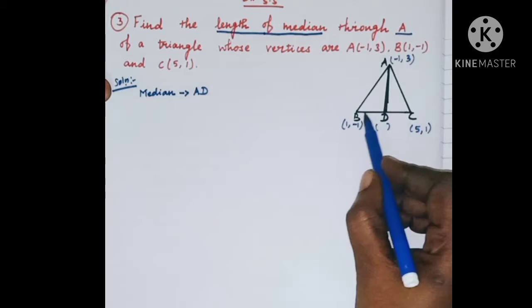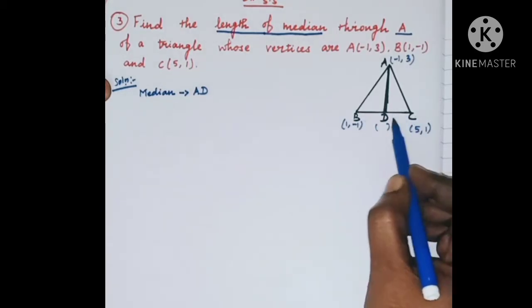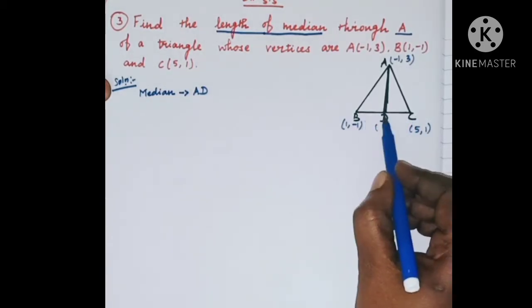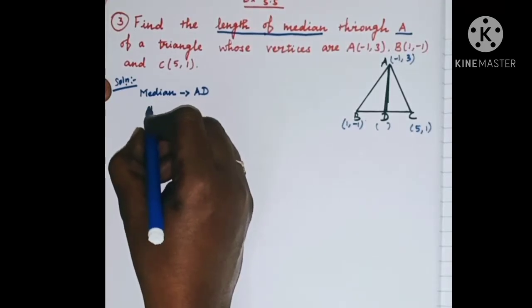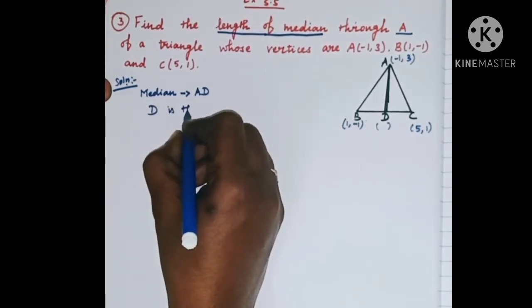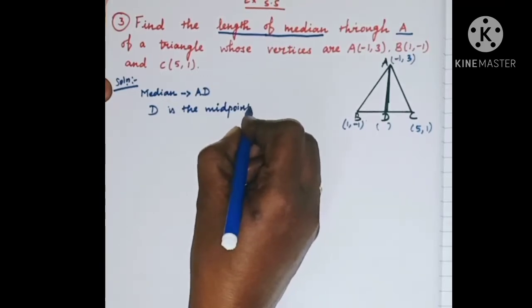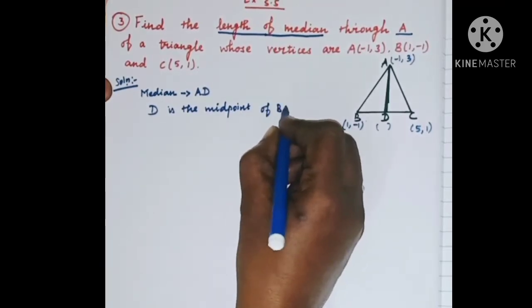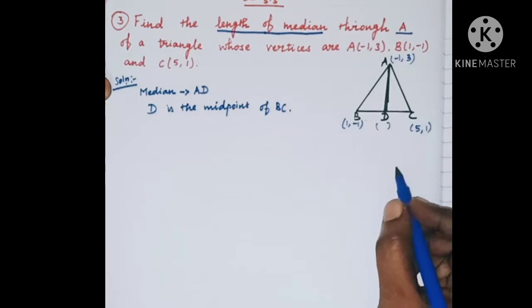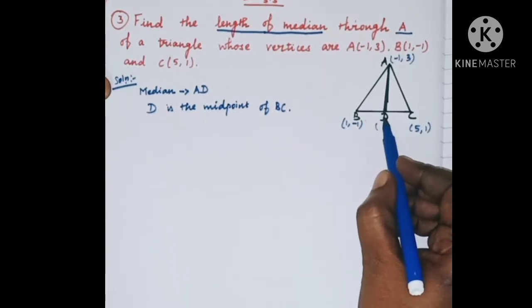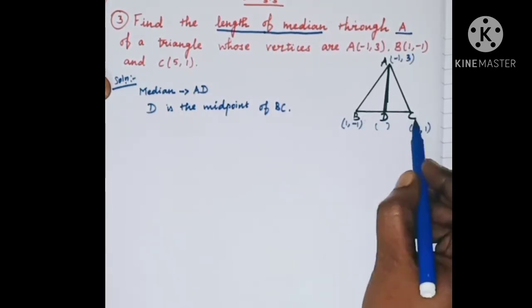D is the midpoint of BC. So first we have to find the midpoint of BC.